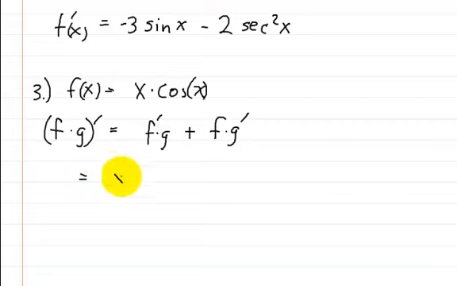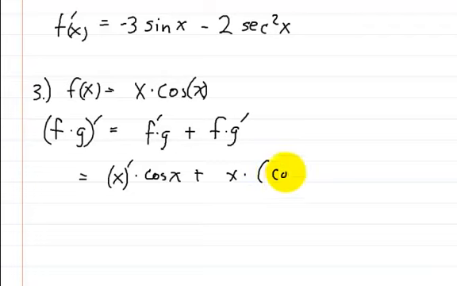Here I'm going to take the derivative of x first and multiply that by cosine of x, plus x times the derivative of cosine of x.